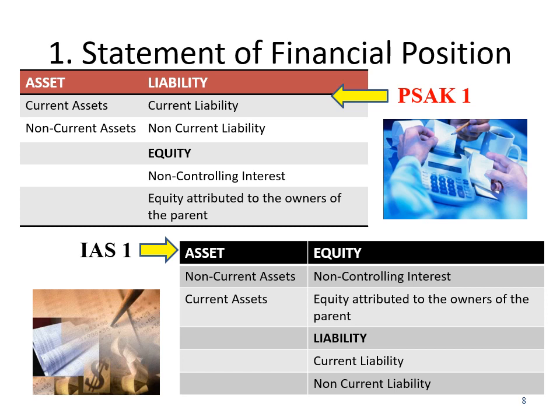Meanwhile, when we talk about the format of presentation proposed by the International Accounting Standard, we can see here that in the group of assets, IAS, International Accounting Standard, starts presenting assets from non-current assets, then followed by current assets.